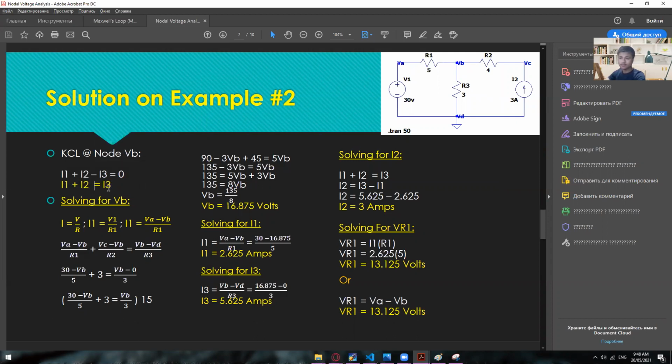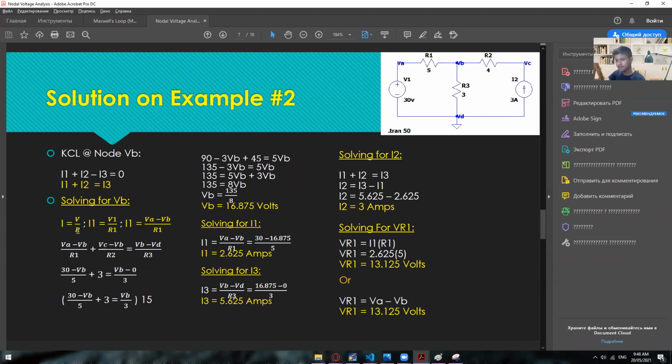Okay, so are we clear so far up to this point? I hope everything is clear on this one since this one is super straightforward. And then again, what we are looking for is the value of VB because once we have solved the value of VB, we can now solve the value of VR1, VR2, VR3, I1, I2, and I3.